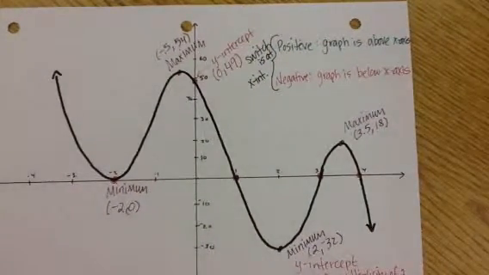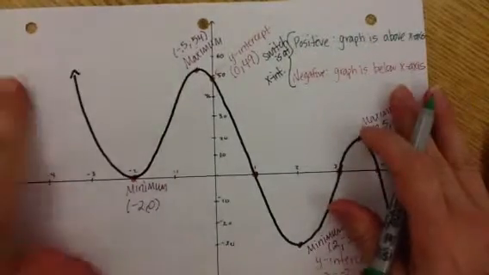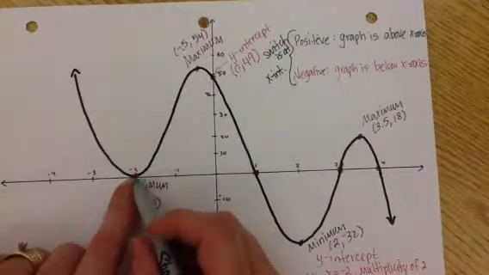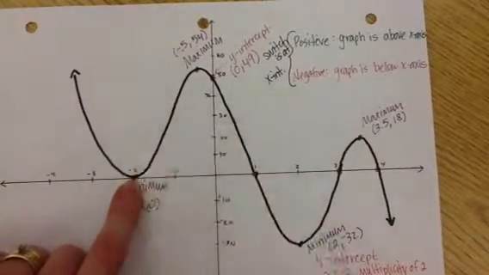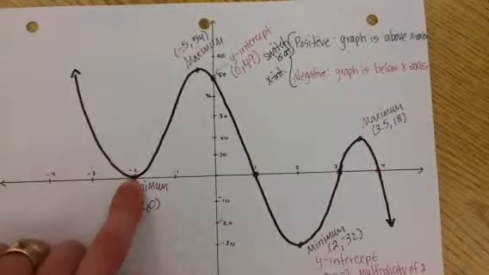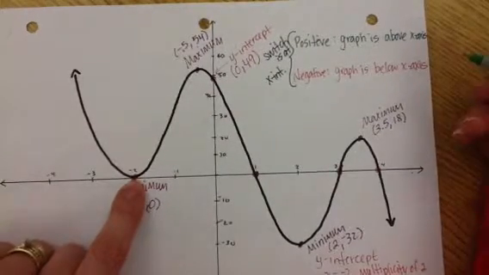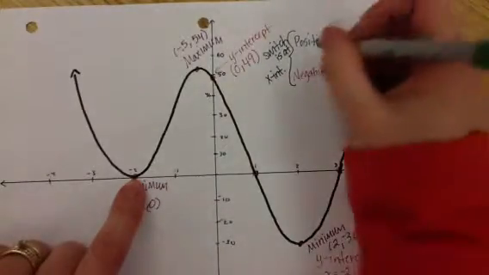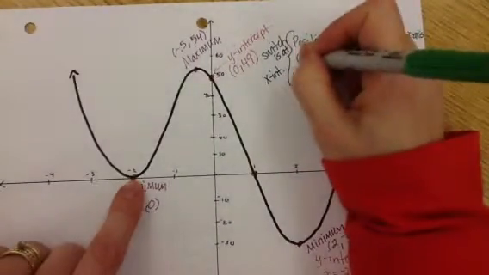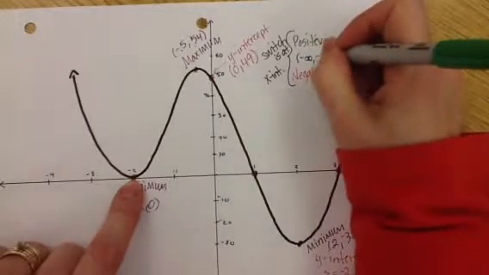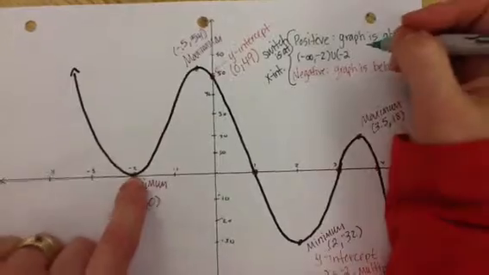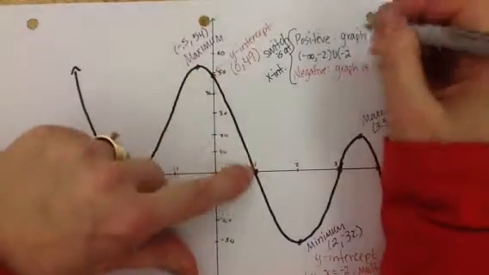So our graph starts out being positive. So from negative infinity up until -2, it's positive. Now what happens at -2 is that the value of the function is 0, which is not positive or negative. So we always want to skip over our x-intercept values. So the graph is going to be positive from negative infinity to -2, and then we skip over -2, and it's still positive all the way till we get to 1.